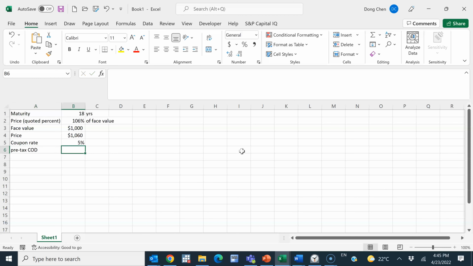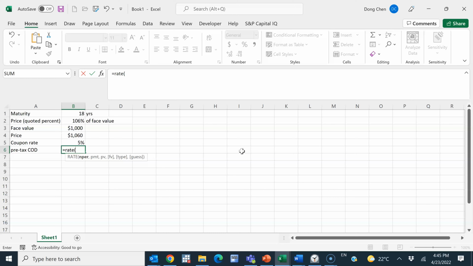of debt. So we can use the rate function to calculate the yield to maturity of this bond. And the yield to maturity of the bond should be the pre-tax cost of debt. But we should notice that since we are dealing with a semi-annual bond, everything needs to be put in semi-annual terms.